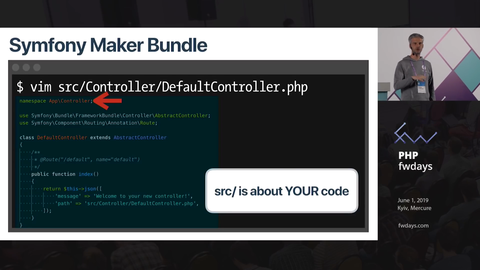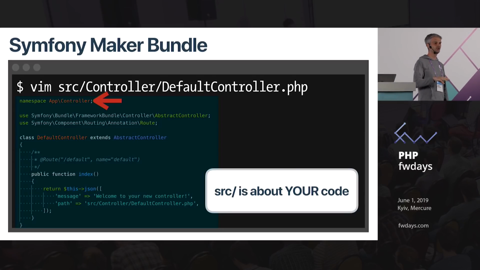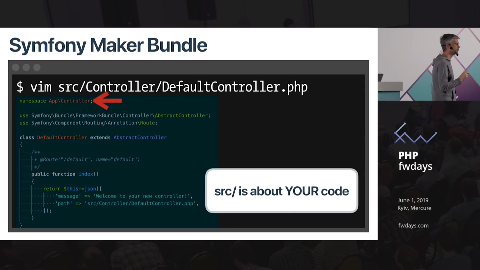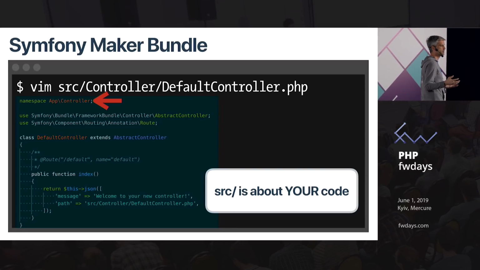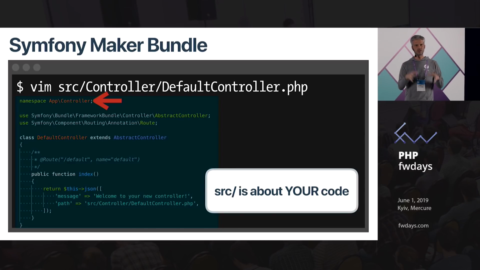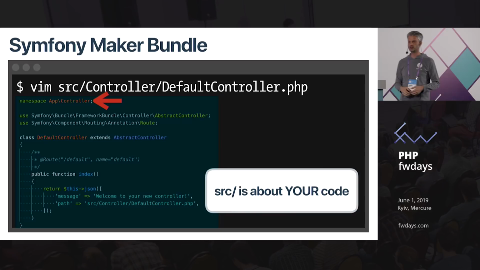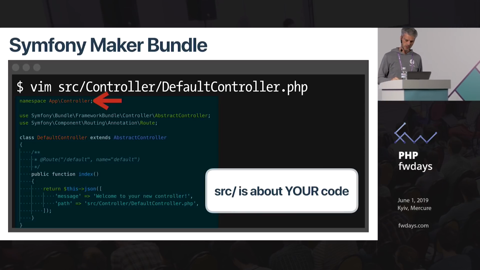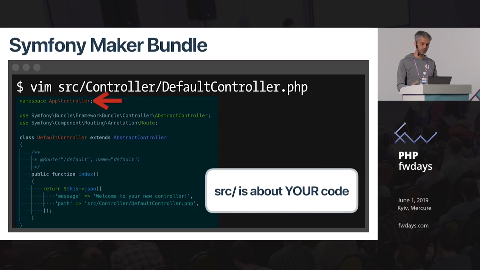It doesn't mean that we don't have bundles anymore. Bundles are still very useful to actually share common code between different projects, but within a project, we don't need bundles, right? So we got rid of that concept for application. You can still do that if you want, but by default, it's not what we are recommending.